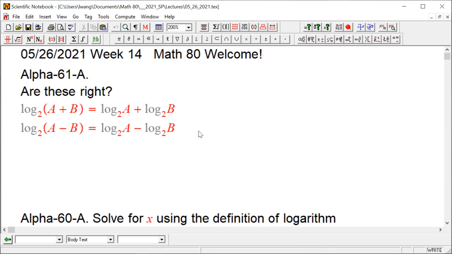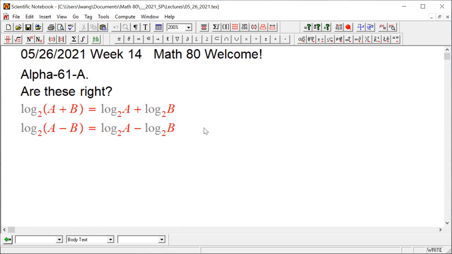Are these right? Would you like to volunteer your answer? A and B are just arbitrary numbers that fit in their places. Are these correct?